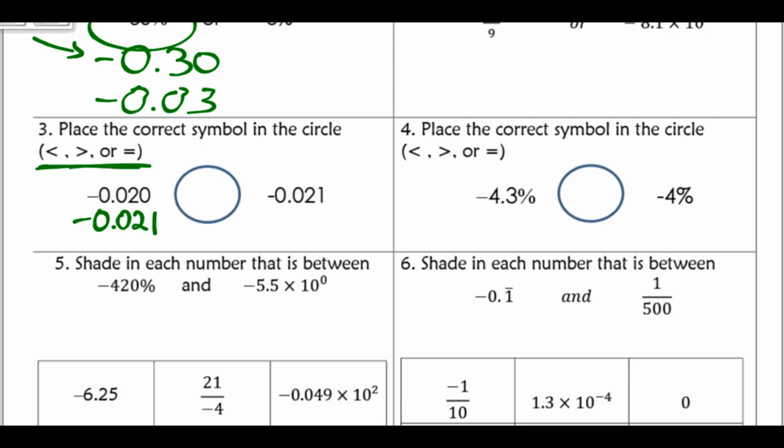The one that I put on the bottom is the smaller number because it's the bigger negative. It's smaller, and when we write inequality signs, the arrow is going to point towards the smaller number. Negative 0.02 is greater than negative 0.021.